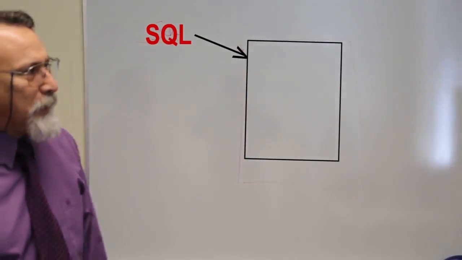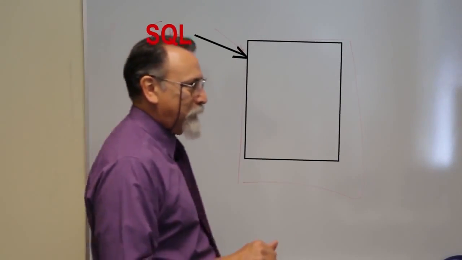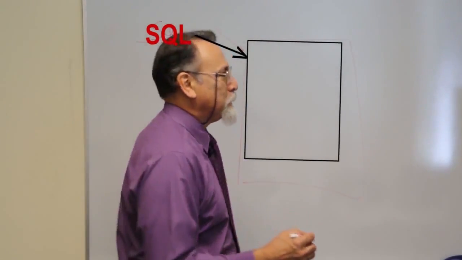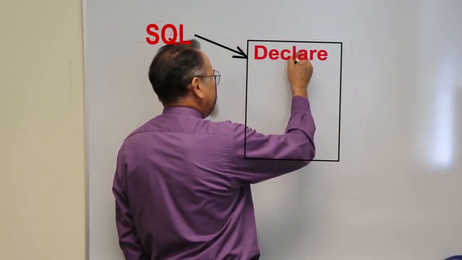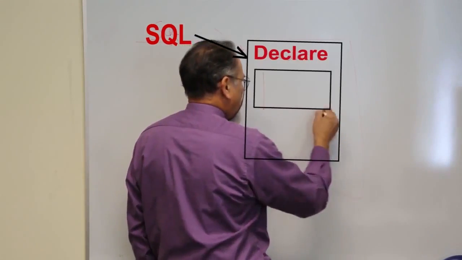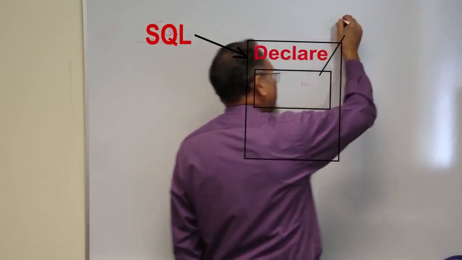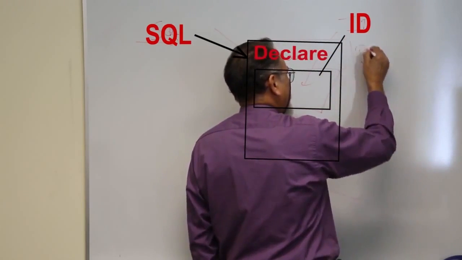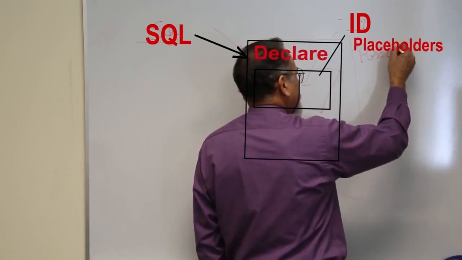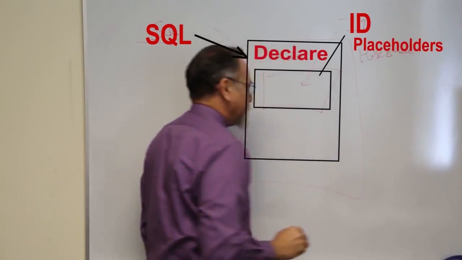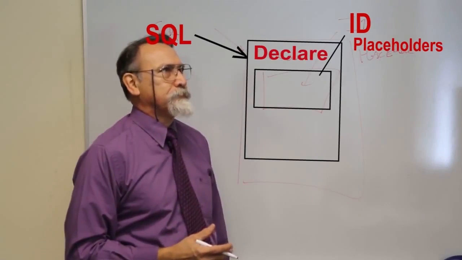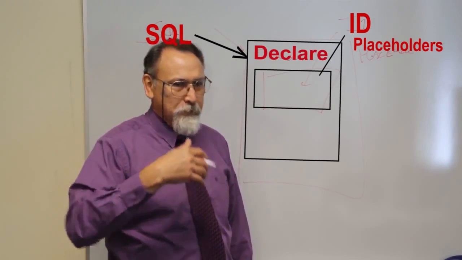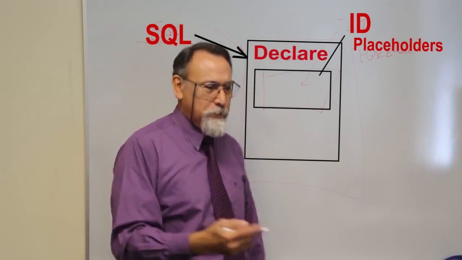Now the reason the block is the most vital item is because what the block does is it has what they call a declare. This is where you will identify all the placeholders you're going to use. So this is going to store the placeholders that are going to be used.